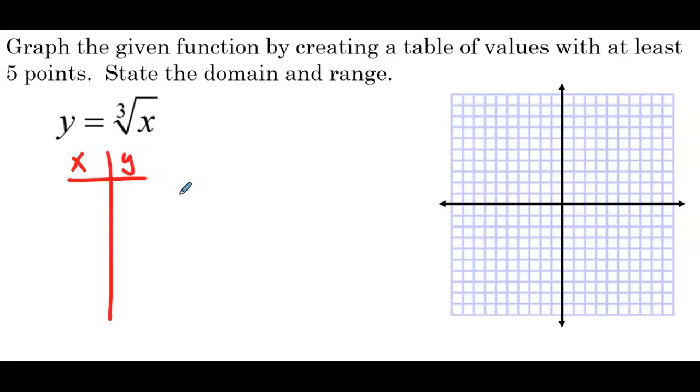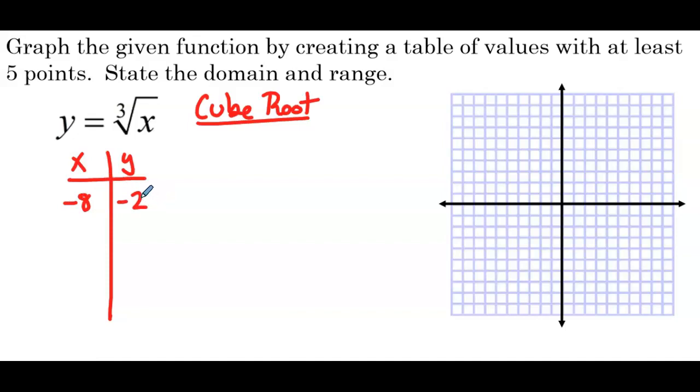So similar to how we set up the table for the square root function, for our cube root function, we want to input perfect cubes. Okay, well, from -10 to 10, what's the lowest perfect cube? Well, that's -8. And the cube root of -8 is -2.